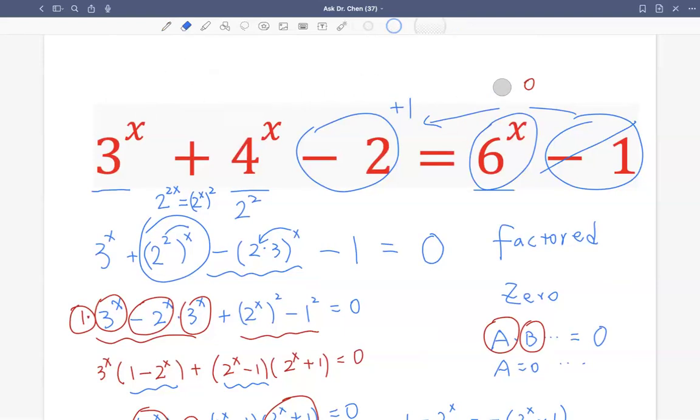Now let's check 1. 3 raised by 1 is 3, plus 4 raised by 1 is 4. 7 minus 2 equals 5. The left-hand side equals 5. Well, 6 raised by 1 is 6. 6 minus 1 is 5 also. Okay, so two solutions for this question.